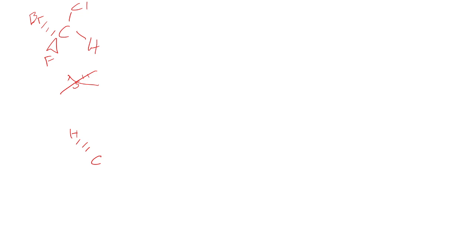So if I started off with an R, let's say, then if I exchange any two groups on this, what will I have? The opposite. I'll have an S, won't I? So I'm going to use the fact that I can exchange any two groups on this, and I will get the opposite.